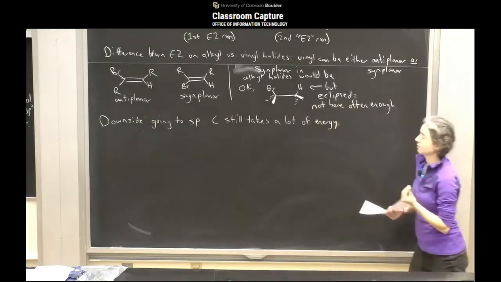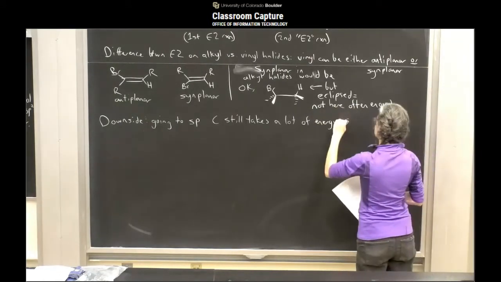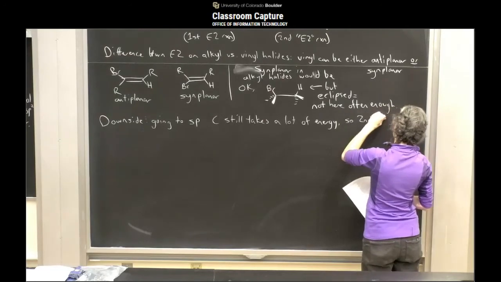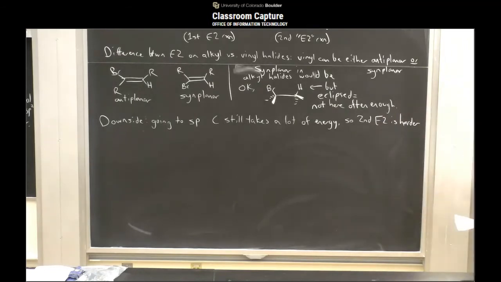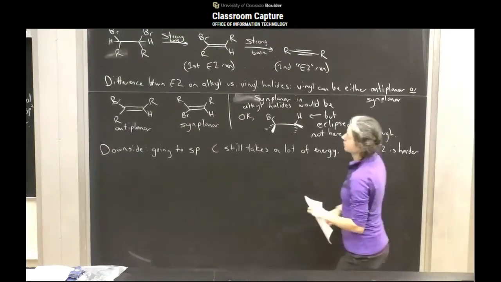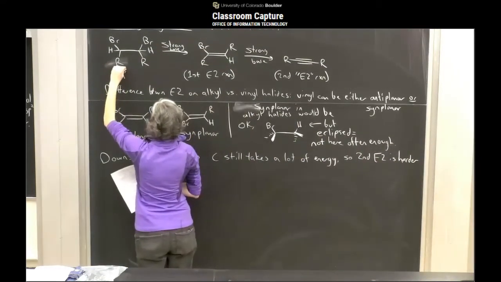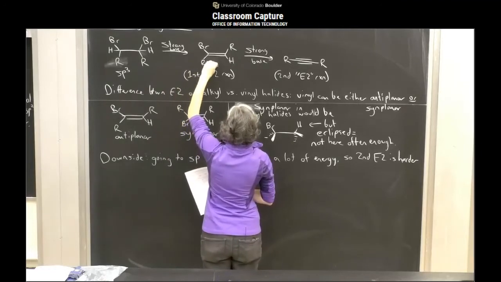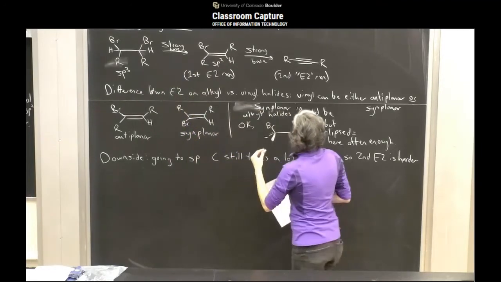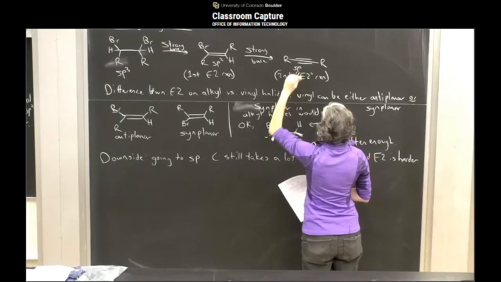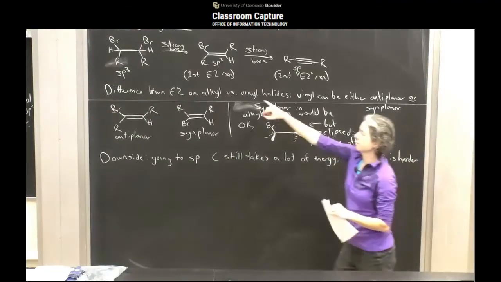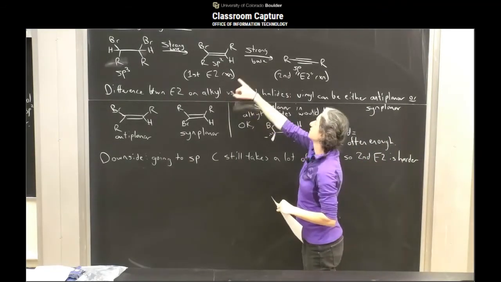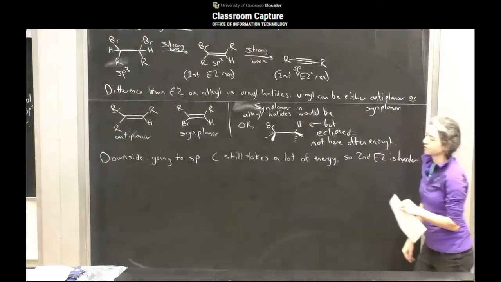So the second E2 reaction is still going to be harder, and slower, in other words. So going sp3 to sp2 here is pretty easy, but then the last step where you go to sp is quite a bit more difficult. So usually it'll do the first elimination and then sit there for a long time, and eventually if you keep forcing it, it'll go to the alkyne.